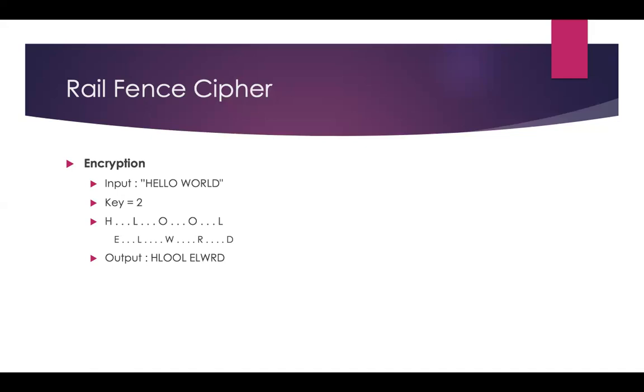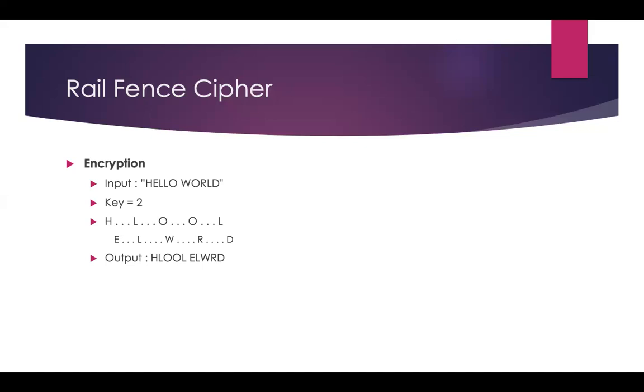The first character is written here, and then it goes diagonally downwards to the next row. You can see the next character in the second line. After reaching there, it will again go to the top row, diagonally upwards. Likewise, all the other characters are filled in the same order.